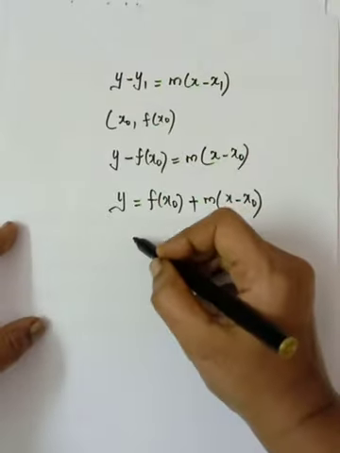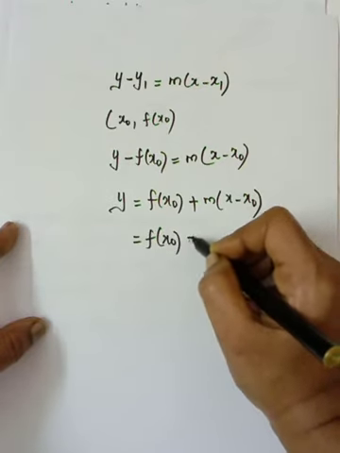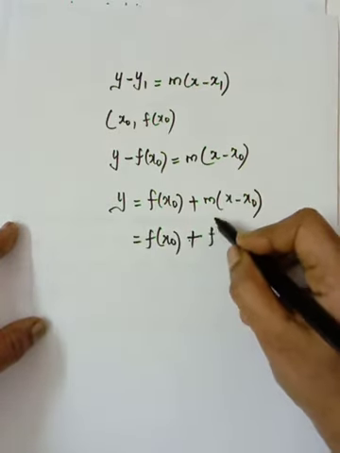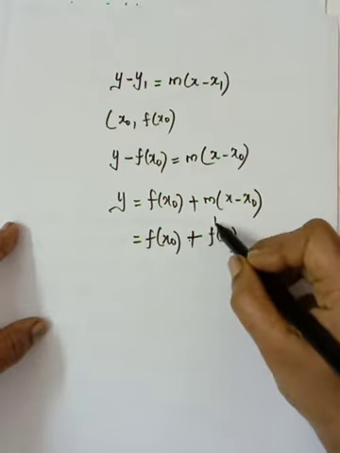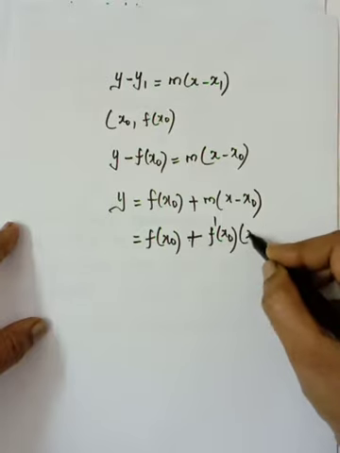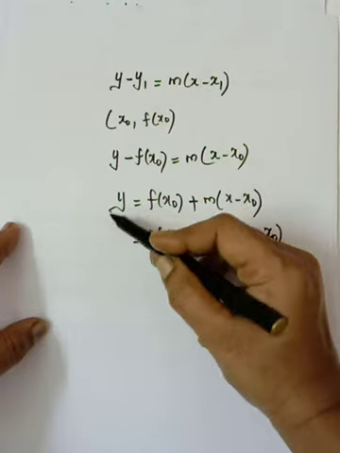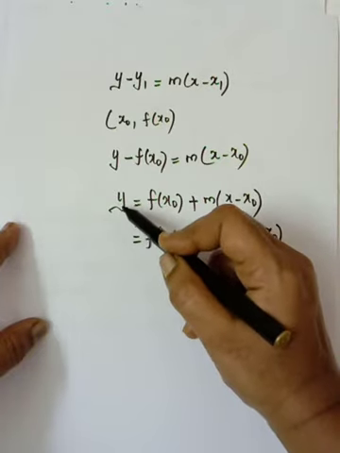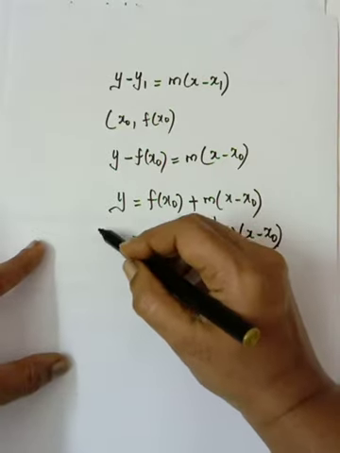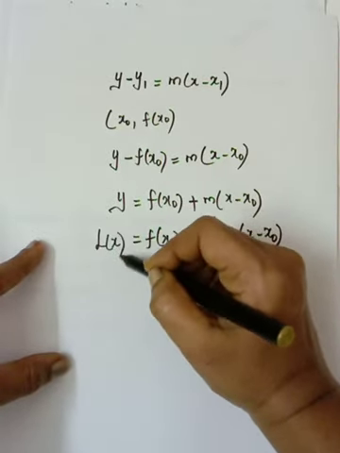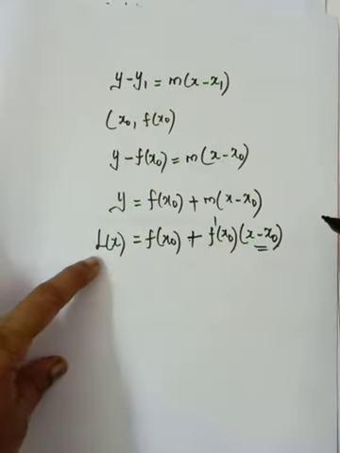In differential calculus we have studied that the slope m is nothing but the derivative at a particular point x naught. So m can be written as f dash of x naught, into x minus x naught. So y is now the approximated value of the function at a particular point x naught. Therefore we can write y as L of x, because it is a function of x.